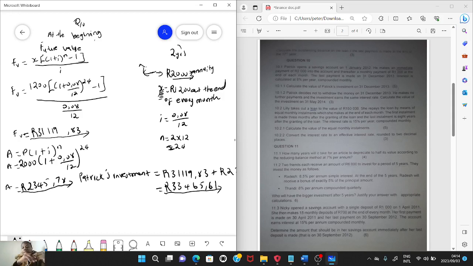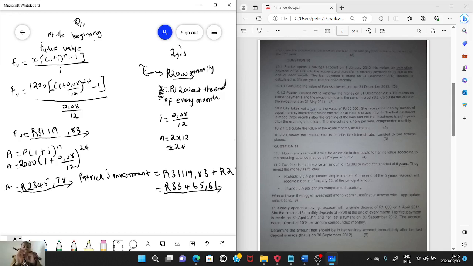So we need to calculate the value of the investment on the 31st of May 2014. We are not going to count December because the last payment was made on the 31st of December.